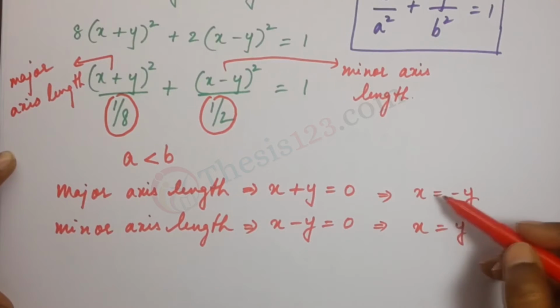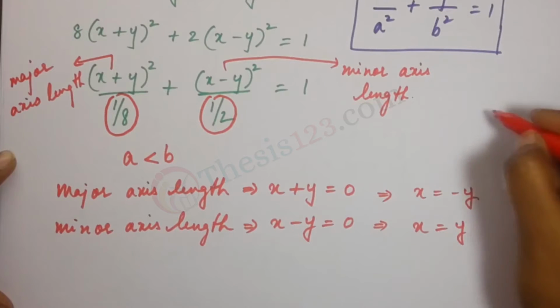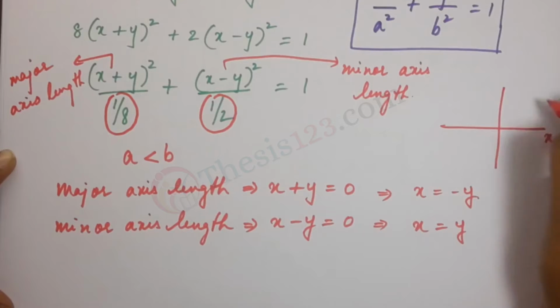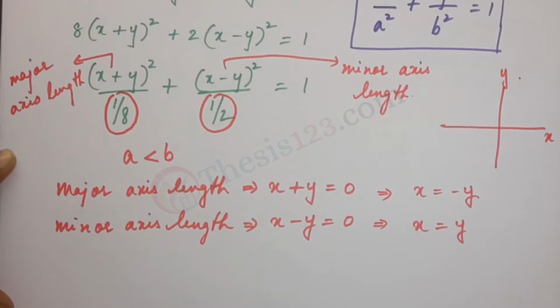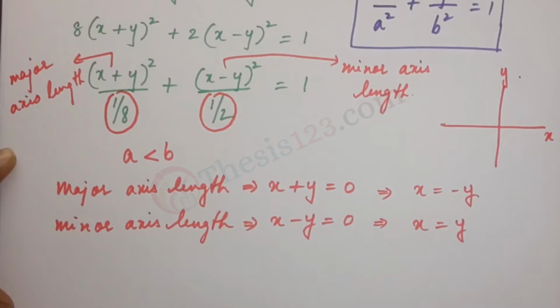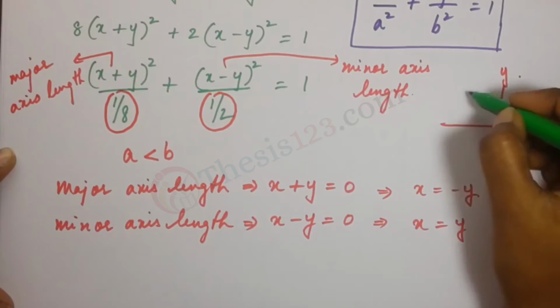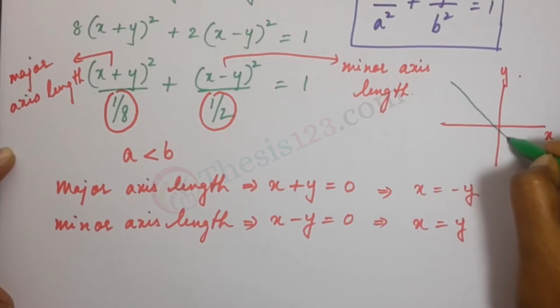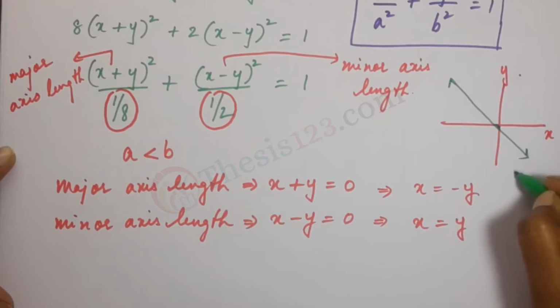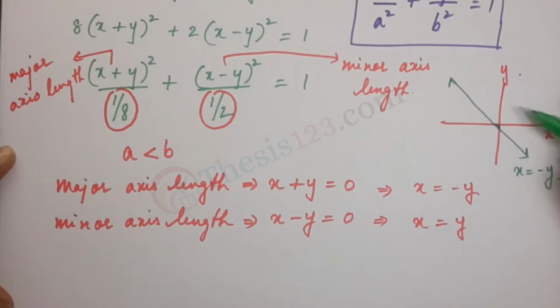Now here's the thing. If it is x = −y, here's our axis. We have x here, we have y here. This is our xy plane. x = −y is along here. It passes through the origin. So here we have x = −y.